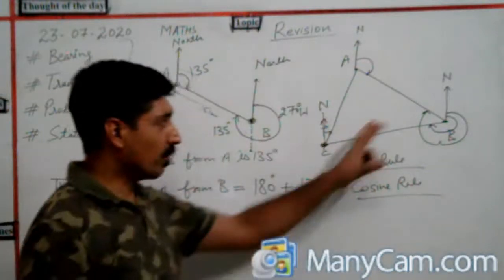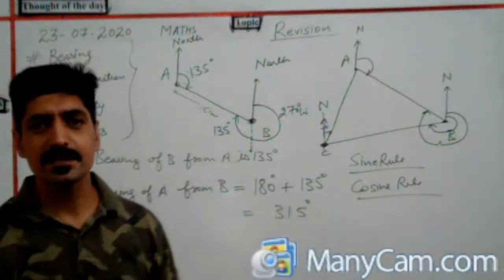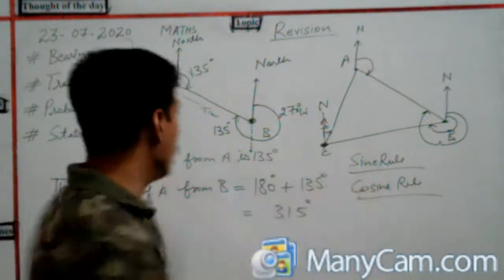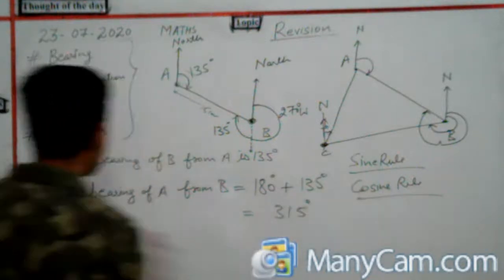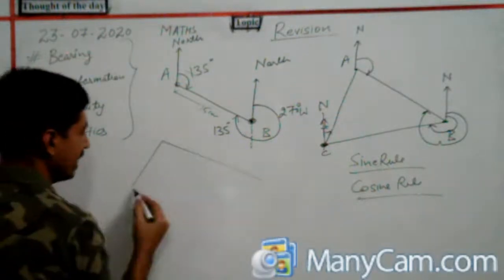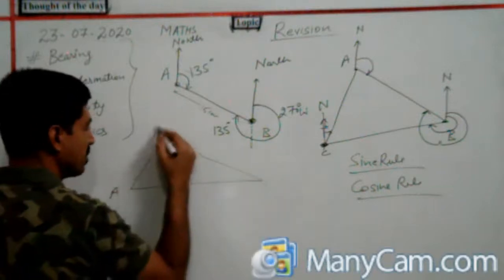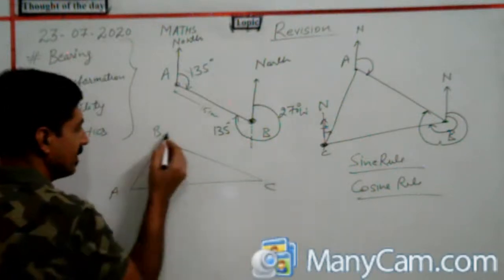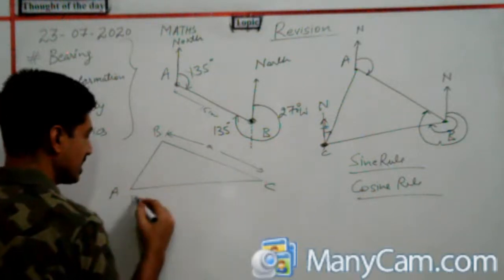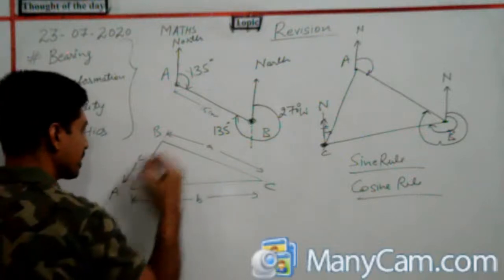If we have one angle given and the lengths of the sides, then we can use the sine rule and cosine rule. In a triangle, the points are A, B and C. Let the distance here be a units, this distance b units, and this distance c units.